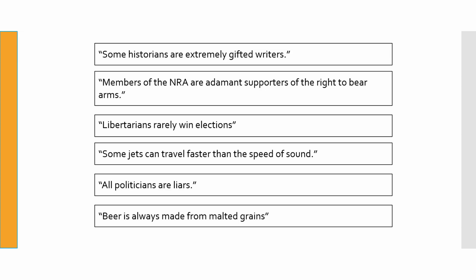Notice what we have is on one side the class or category of jets, and on the other we have things that can travel faster than the speed of sound. So again, the basic idea of a categorical proposition is that we're taking one class or category and we're asserting it has some sort of relationship to a different class or category of things.